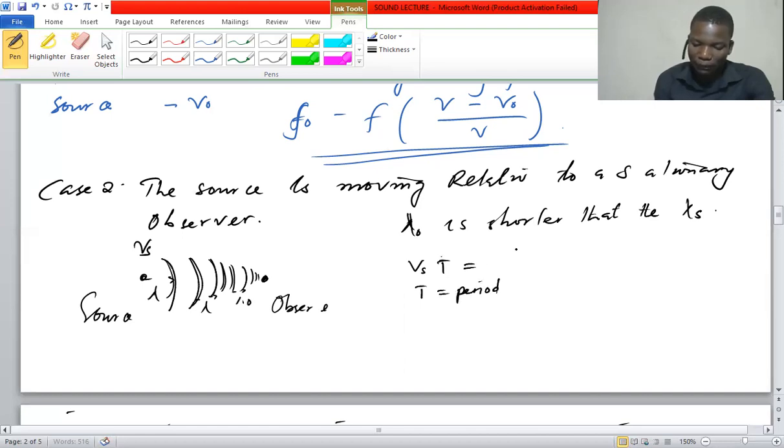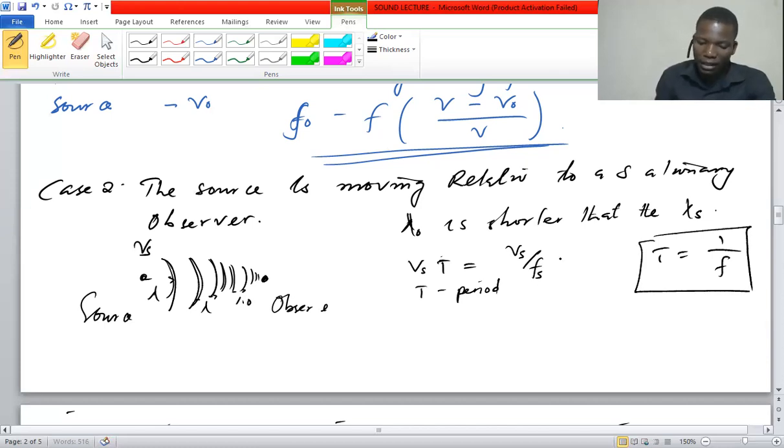So we have vs of frequency of the source, since we know the relationship between period and frequency, so we can write that in that manner.